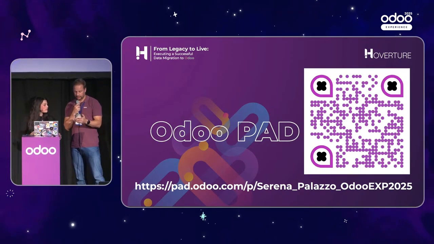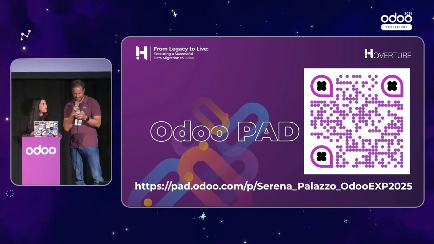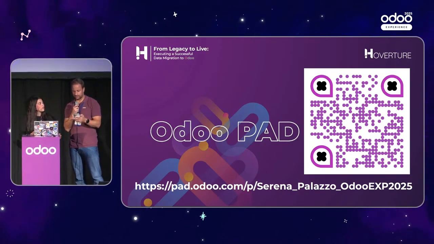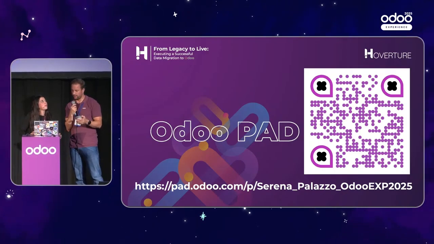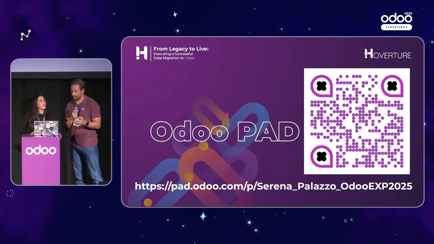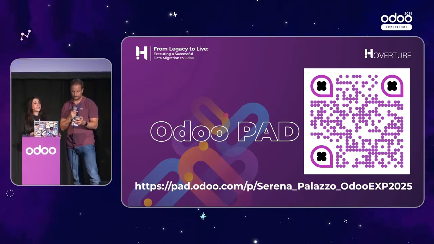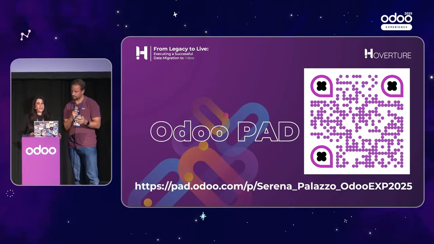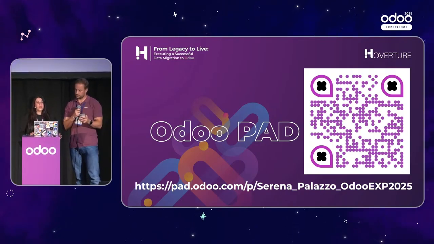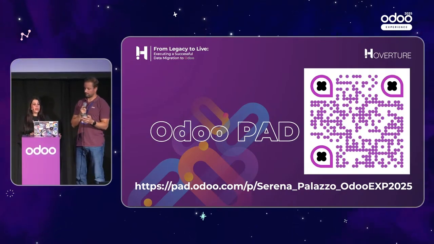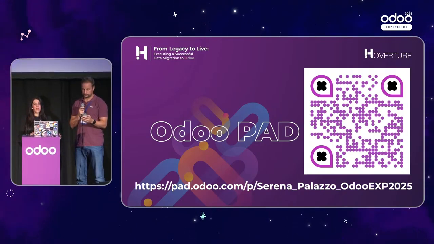So the next question: how can you reduce the count of iterations needed to as few as possible to come to a successful migration, as importing the data from legacy systems can cause a lot of validation errors? I think this is something that can be incremental, as I said, because of course at the beginning when you do the first run, nothing will go inside because there are a lot of inconsistencies.